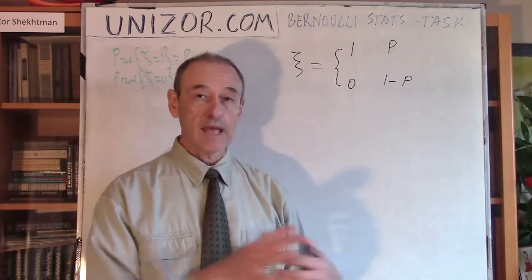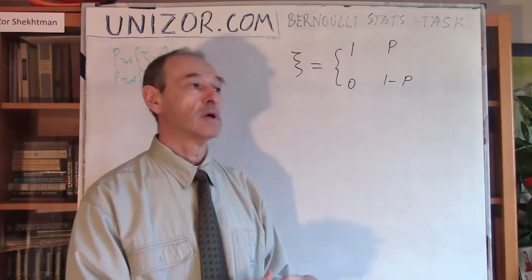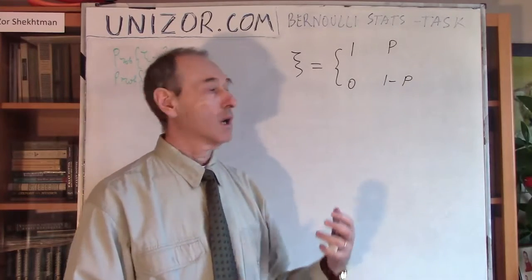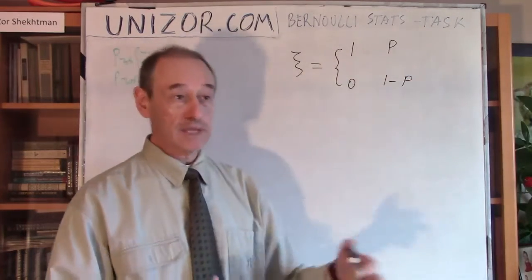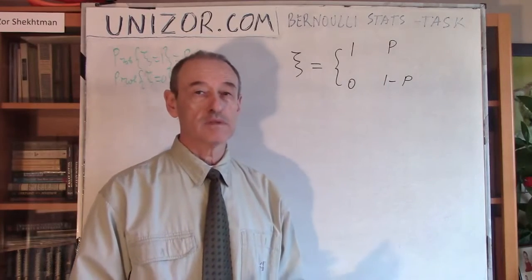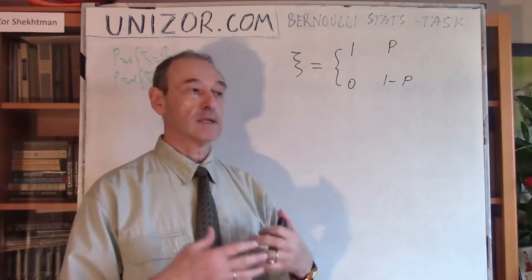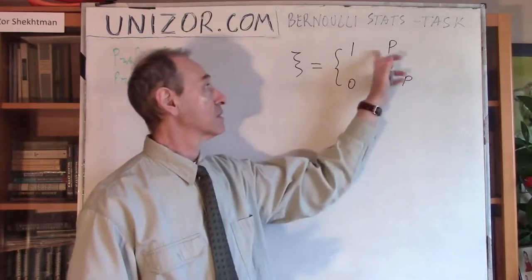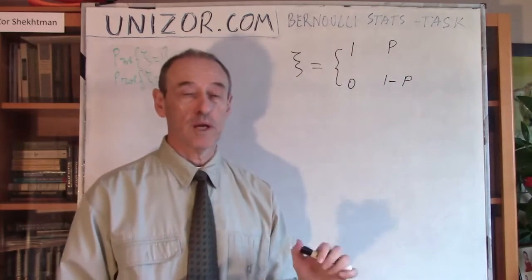Okay, that actually brings us to a very important approach to evaluate this p. Let's make experiments with this random variable, and let's take the frequency of occurrence of this particular event when it's equal to 1.